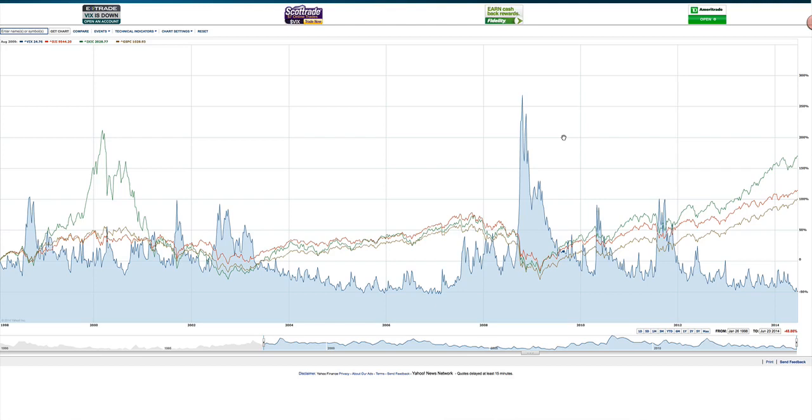So the Dow Jones is the red line, the NASDAQ is the green line, and the S&P is the brown line on the chart. And essentially, what I want to point out today is the fact that the VIX is sitting near all-time lows at the moment.